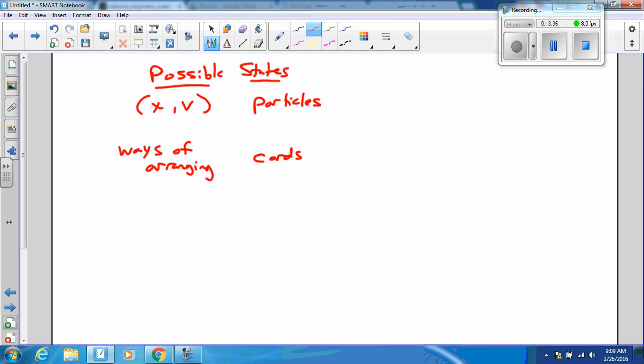For example, a special state would be to have all the cards arranged ace through king, spades, hearts, diamonds, clubs. That would be a special state. A not so special state would be to have some essentially random arrangement, like 10 of diamonds followed by the ace of clubs followed by whatever. It's what you get when you shuffle. Right? Okay? So the shuffled states are essentially equivalent to each other.